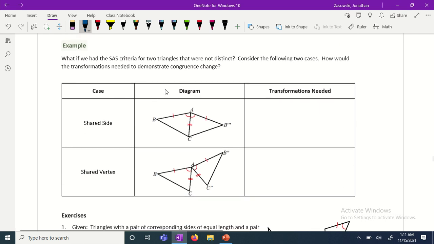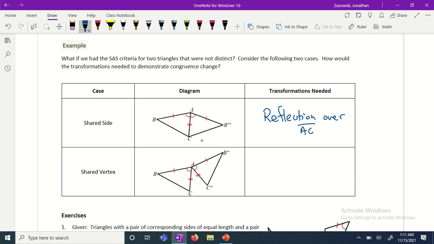Let's take a look at our first diagram. Remember, if we're mapping onto each other using side angle side or whatever congruency theorem gives us, if we see the shared side like this, what transformation do we need to get this triangle to map onto that one? Good, a reflection. We would say over line AC.